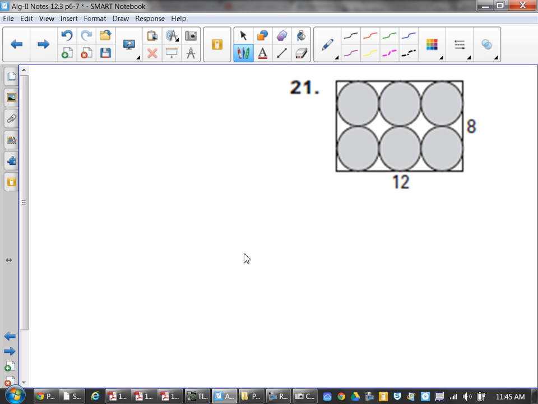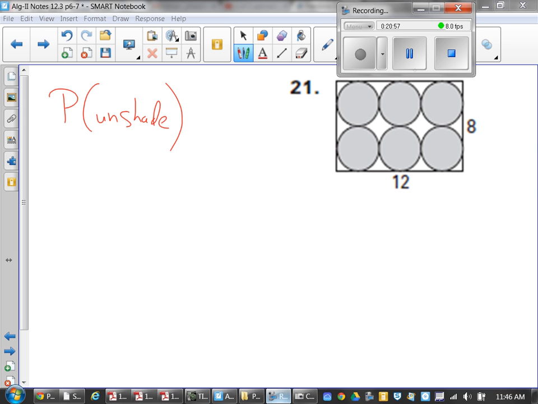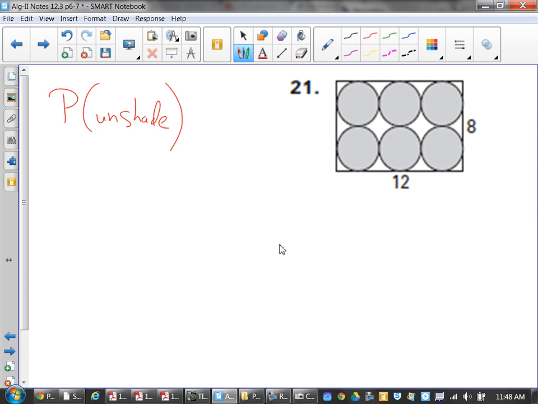Let's find the probability of the unshaded. So it's all those circles. So one circle has a diameter of... So we have unshaded, so it would be 12 by 8, subtract out 6 circles.